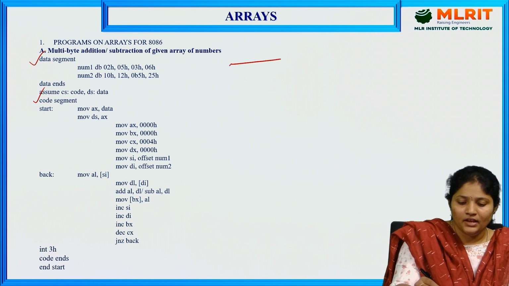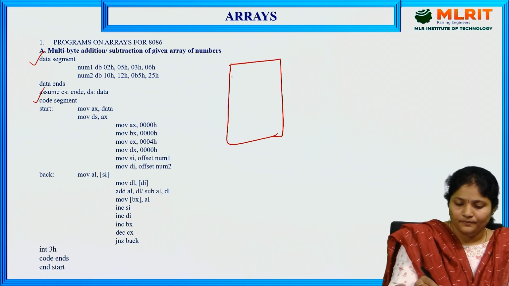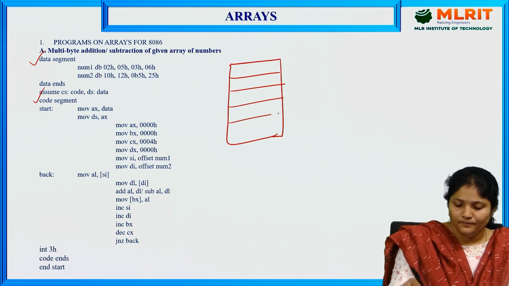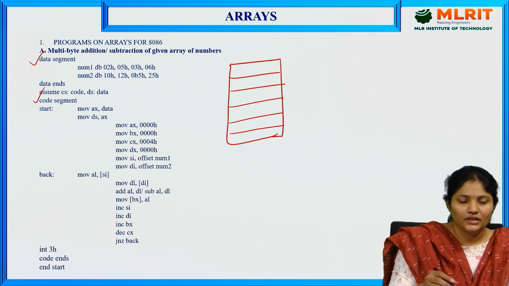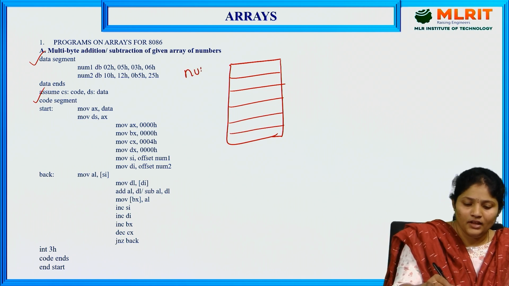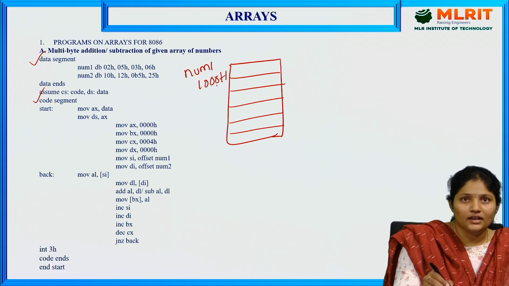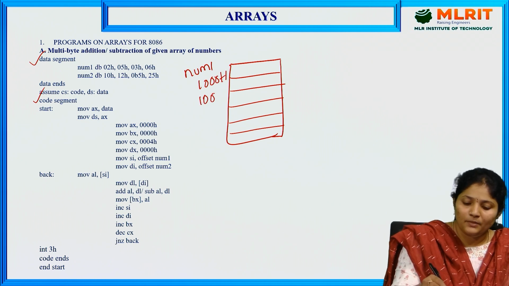The first array is number 1 and the second is number 2. The data present in these arrays will be stored like this, if I consider the address of the memory location randomly.